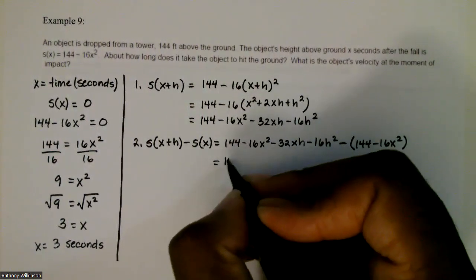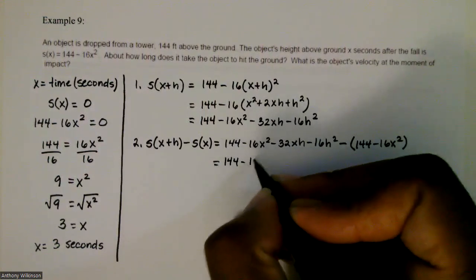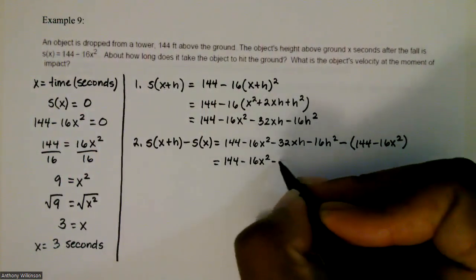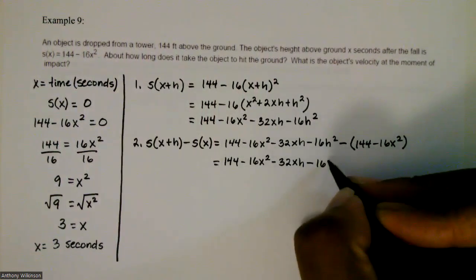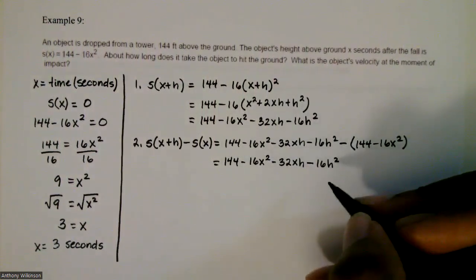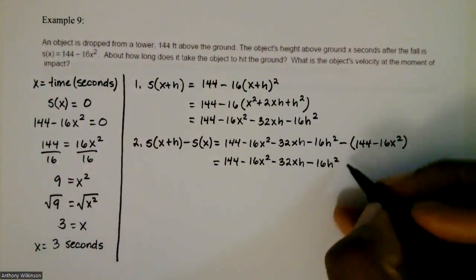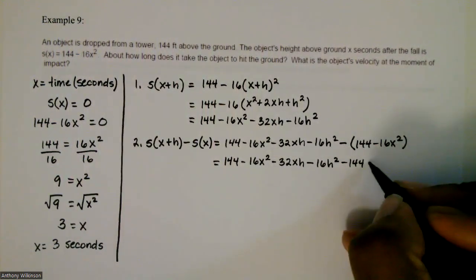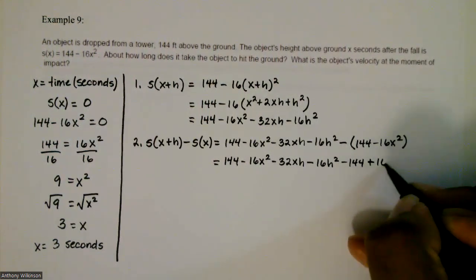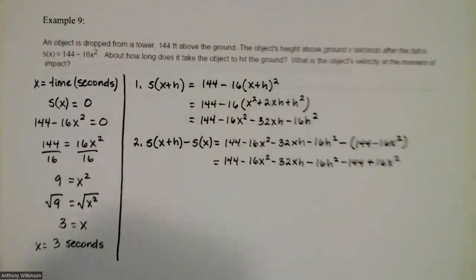Now, we'll simplify this. The minus sign makes the 144 a minus 144, and the minus 16x squared a plus 16x squared.